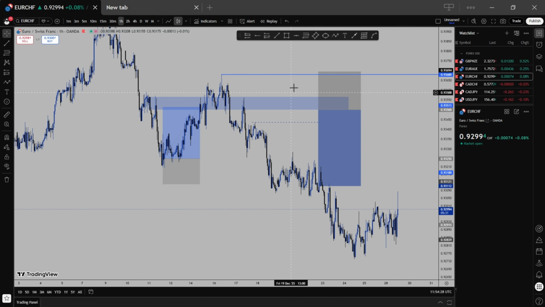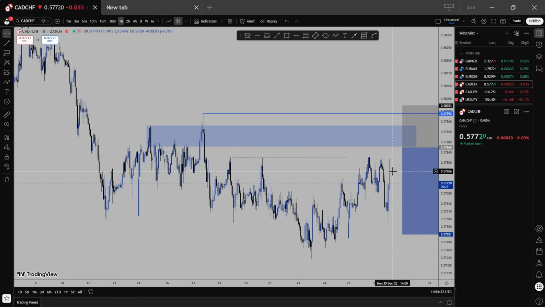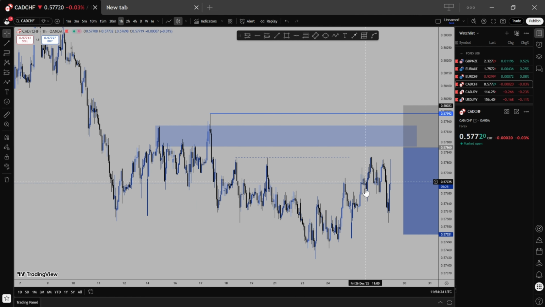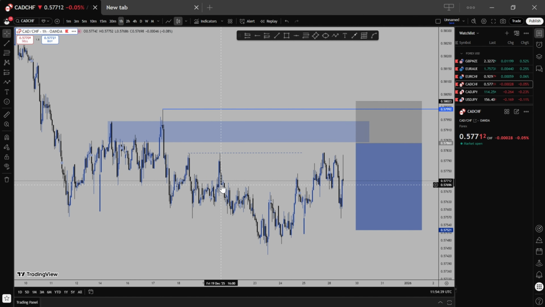Okay, this is a sell setup on CADCHF. Let me use this to also explain. As you can see, this is the low, and then it gets swept. So the liquidity right here was swept, right?